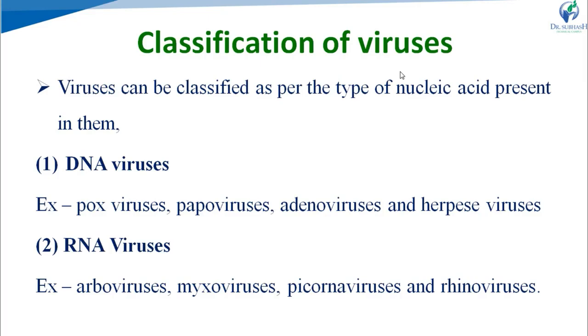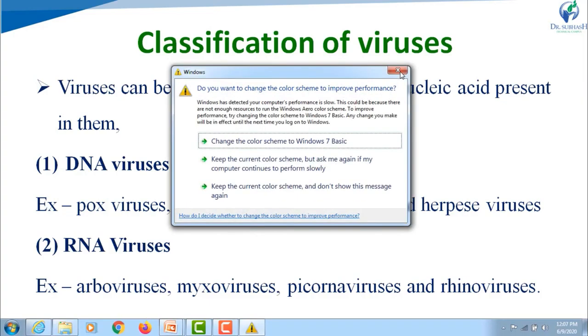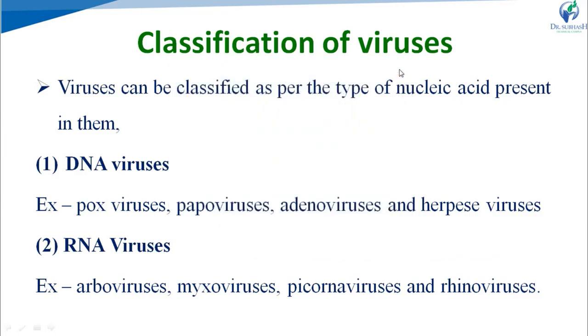DNA viruses contain DNA as the genetic material, and examples are pox viruses, papovaviruses, adenoviruses, and herpes viruses. The second is RNA viruses, which contain an RNA molecule as the genetic material, and examples are arboviruses, myxoviruses, picornaviruses, and rhinoviruses.